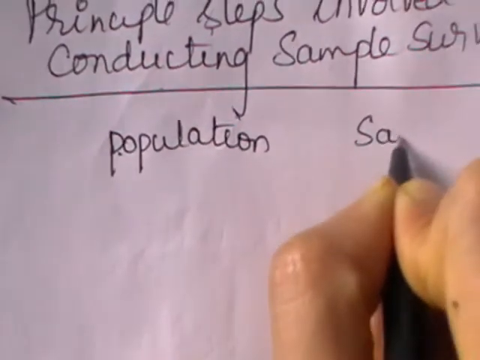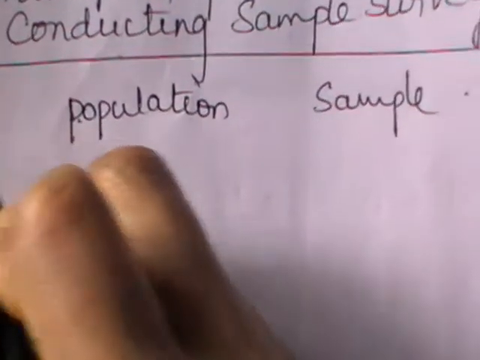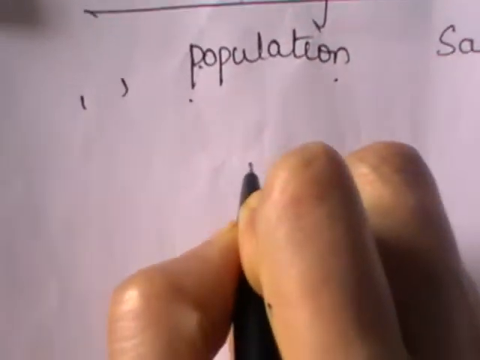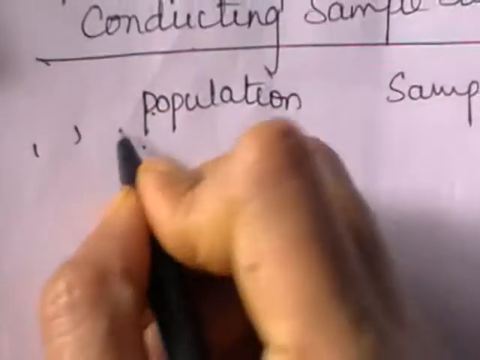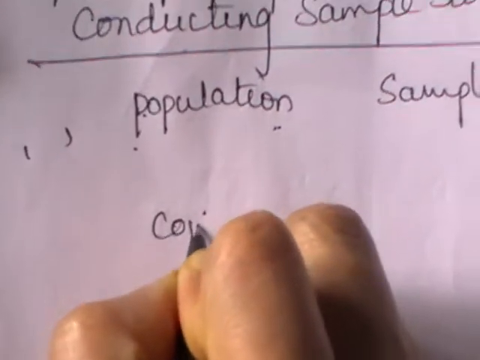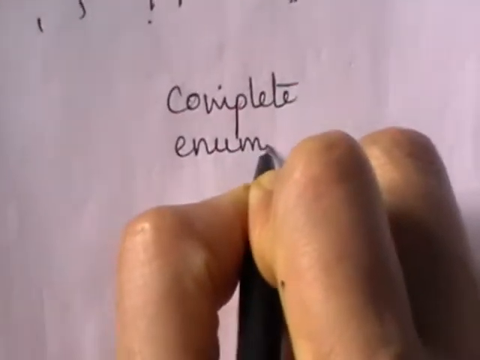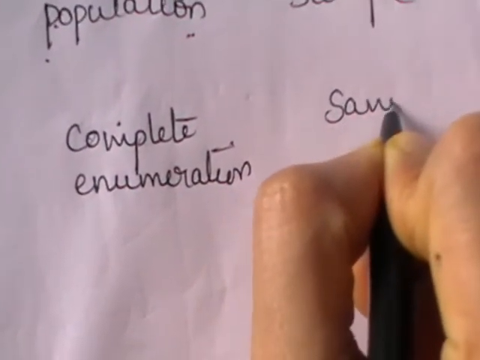With respect to any given objective, the collection of animates or inanimates under study is called population. What are the terms we have discussed? Complete enumeration and sampling. These two we have discussed.